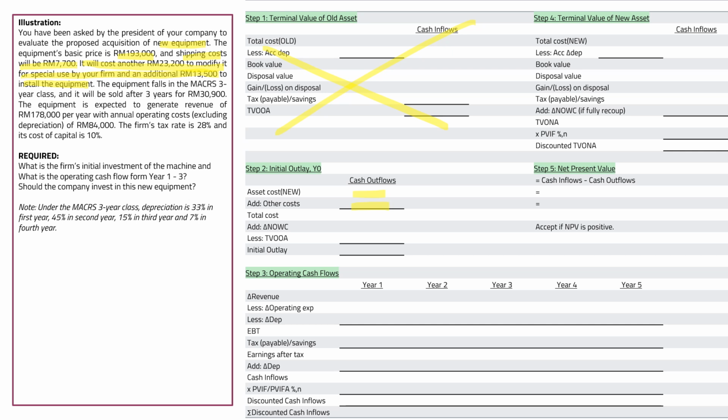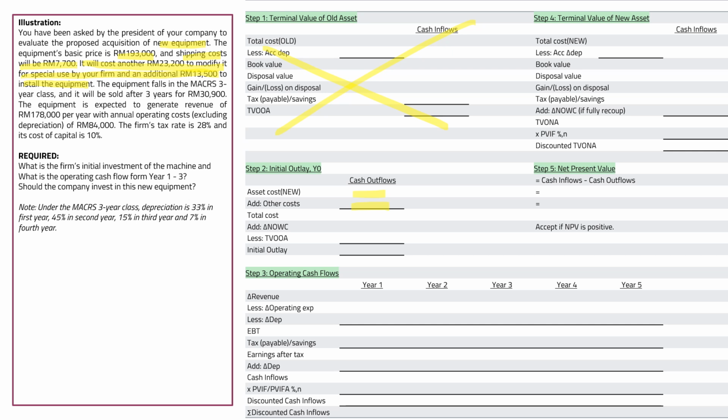Because if you buy the asset, but it doesn't get here, you can't use it, can you? Or what if they deliver it here to your factory, but they don't install it? You can't use it, you know? Therefore, all these other costs are actually part of our consideration.